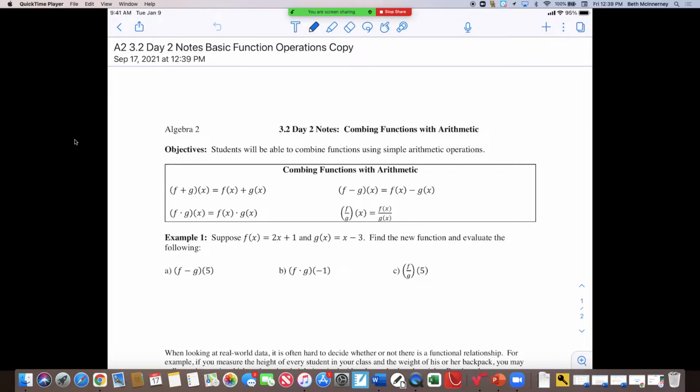2 notes. So what we're going to do now is look at what's called function arithmetic. And the nice thing is, when you add two functions, we have this notation, and I want you to be comfortable with either. So go ahead and highlight here. If I see f plus g of x, that really is the way that we're going to take f of x plus g of x.